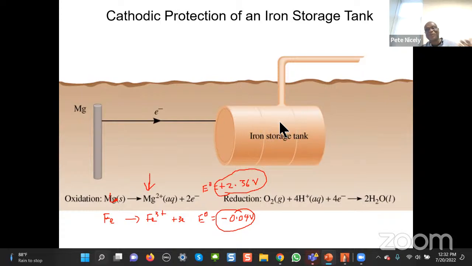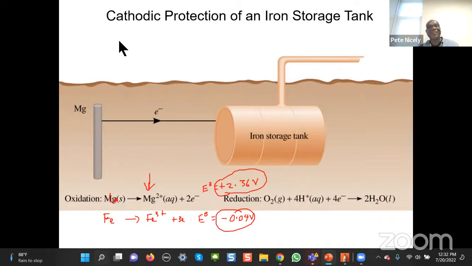And of course, if you're storing water in it, that would be okay. That is what you want. You don't want the water to be contaminated with any rust or any Fe3+, all right? So basically, we use magnesium as a sacrificial metal in order to protect the iron storage tank, right?